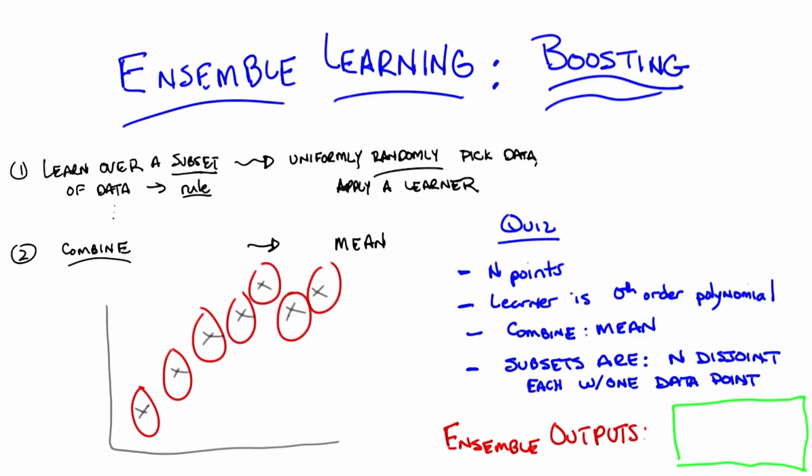So it's going to combine the mean of those, each of which is the data point. So it's the mean of the data points. So the ensemble outputs, I don't know, I'd say average or mean. Yes. Or zeroth order polynomial of the data set, or one node decision tree, or a constant, which happens to be the mean of the data.